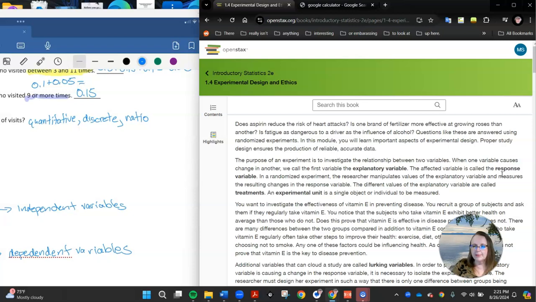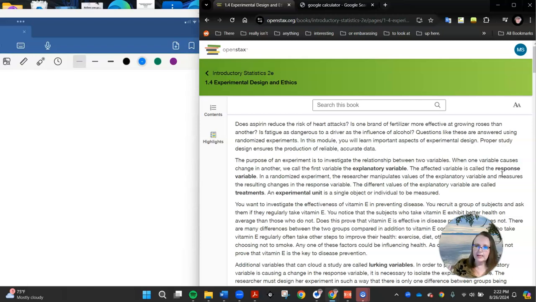The different values of the explanatory variable are called treatments. And so this is the values of the explanatory variable. That's the number of hours spent studying, or the one example that we'll use at some point during this semester is an exam score based on the number of alcoholic beverages consumed in the 8 hours prior to the exam.